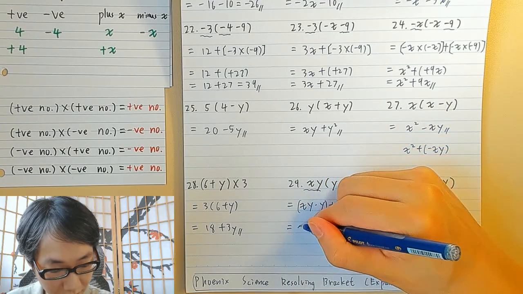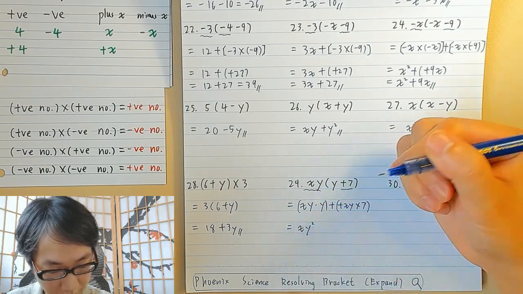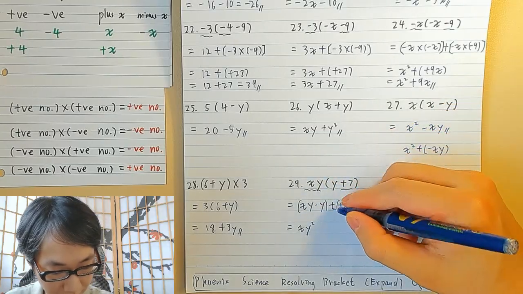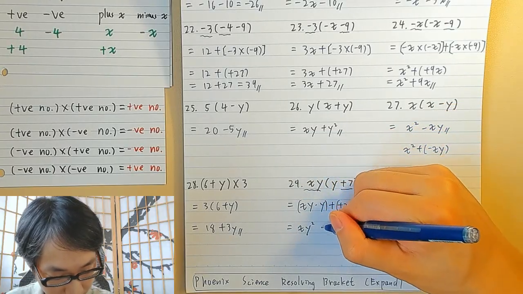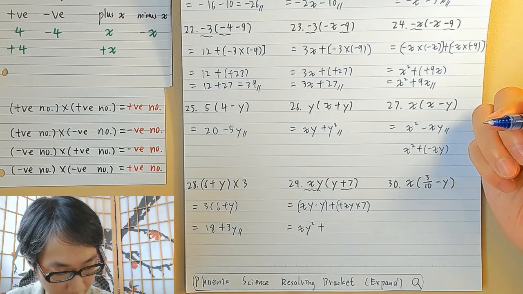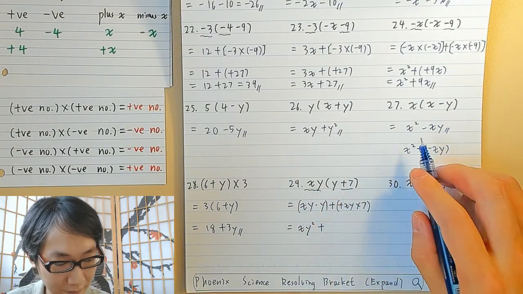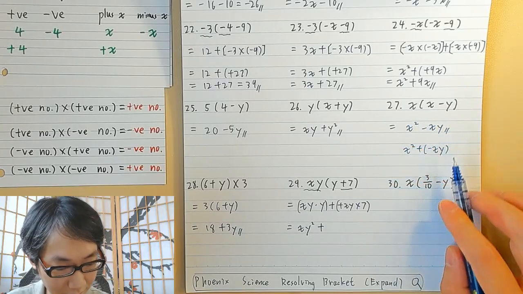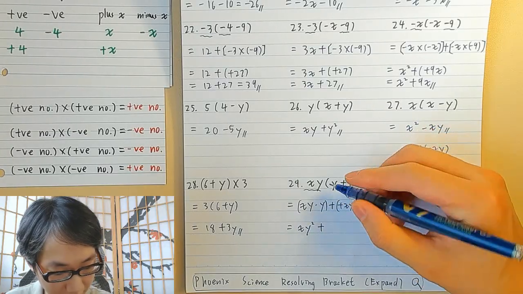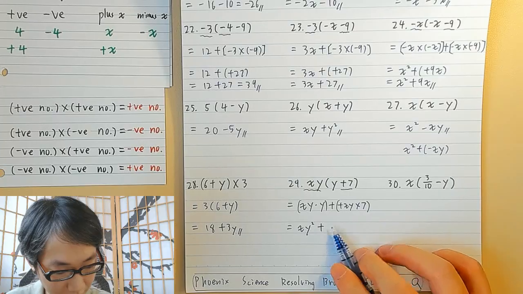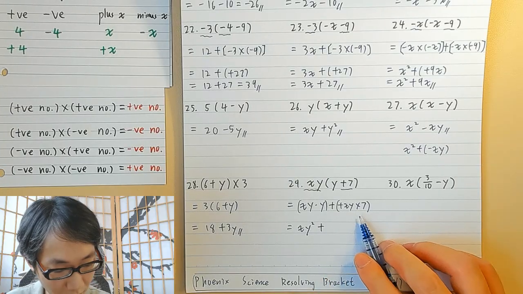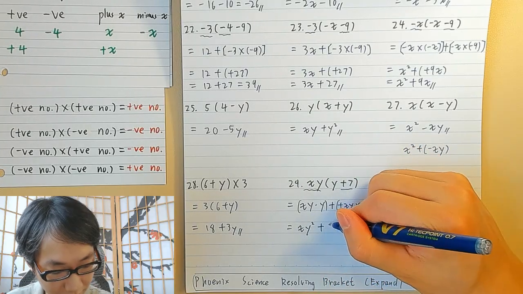So this will be xy squared. By the way, xy means x times y, like here. Okay, and then plus 7xy.